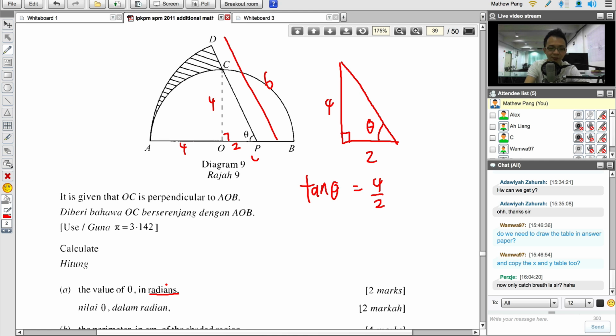I get the answer 1.107 radians. Simple, but you must get the idea about the right triangle and that you want to use tangent. If not, you cannot solve the question like this.